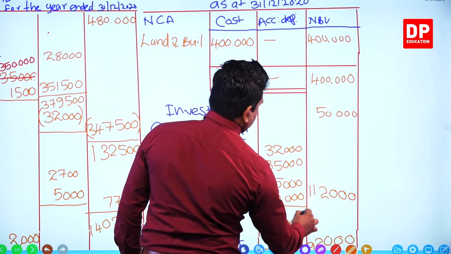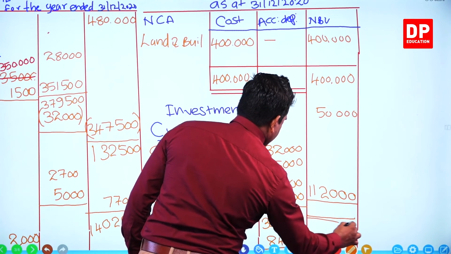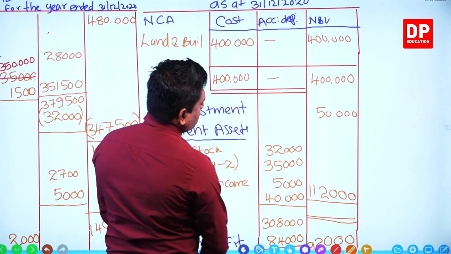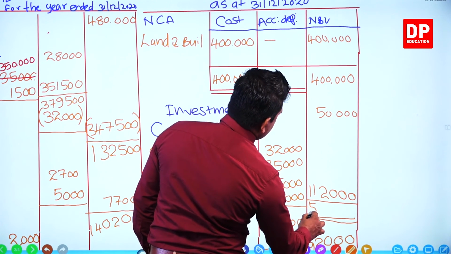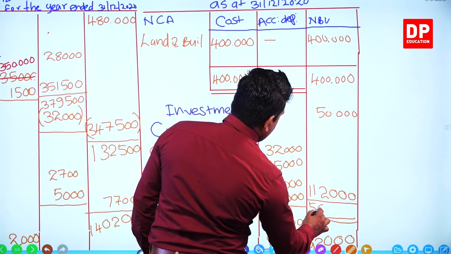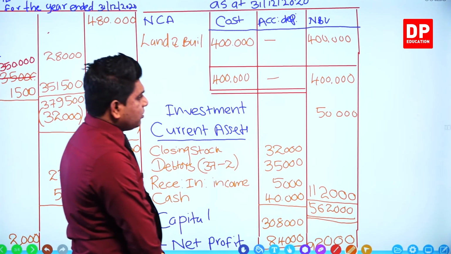Then finally you can get the total asset side finished. Then you get the total, 562,000. Check whether it's correct or wrong.